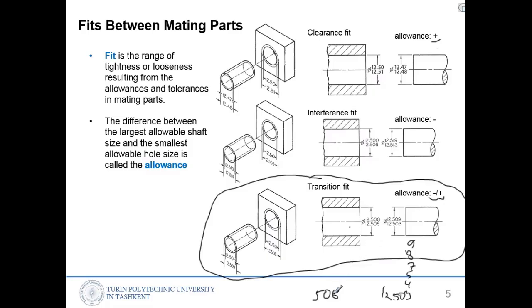The smallest is 500, 1, 2, 3, 4, 5, 6. So from 3 to 6, here it can enter easily.